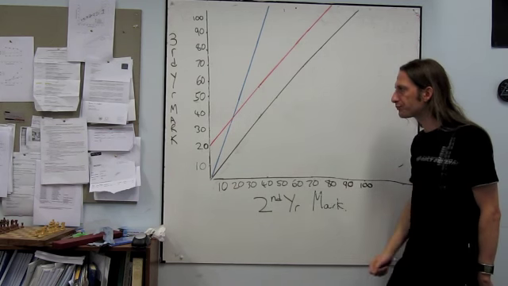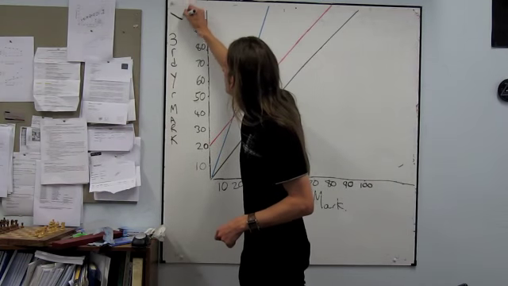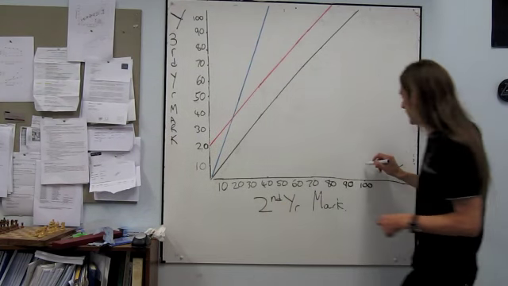A general point to make is that with a graph like this, this over here is the y-axis, and this over here is the x-axis. The key thing to remember is that you always plot on the x-axis your independent variable, the thing you're predicting from. In this case we're predicting from the second year mark, so that's going on the x-axis, that's our independent variable.